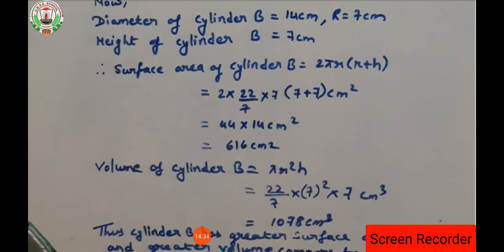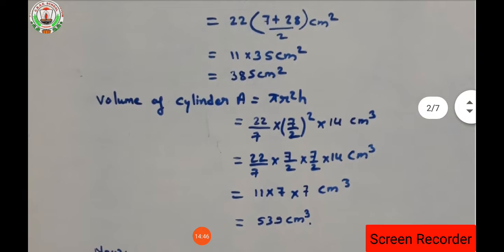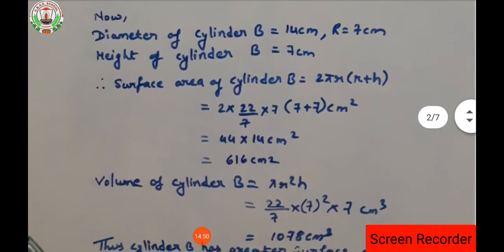Now by comparing the surface area of cylinder A and surface area of cylinder B, it is very clear that surface area of cylinder A is 385 centimeter square, but the surface area of cylinder B is 616. So whose surface area is greater?